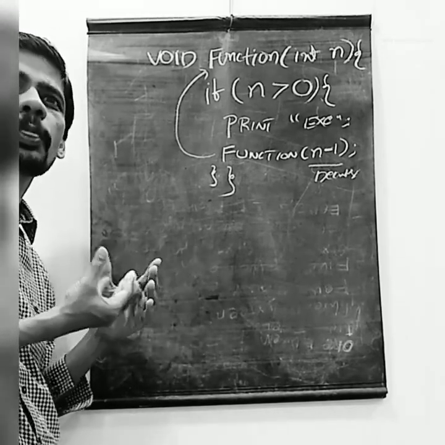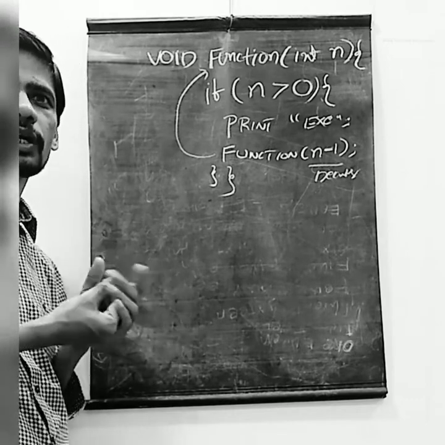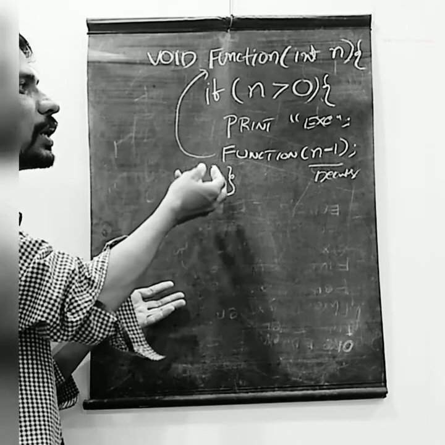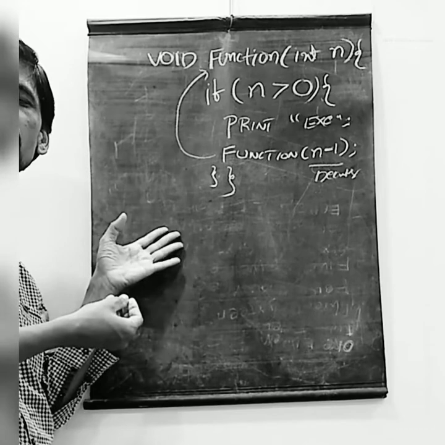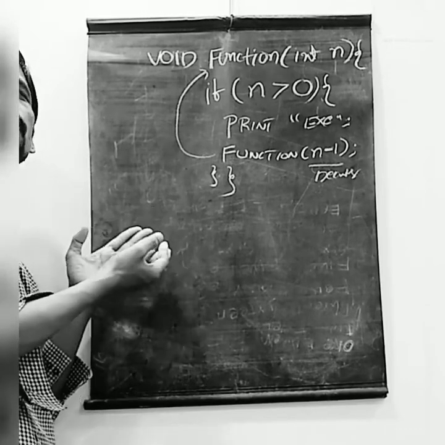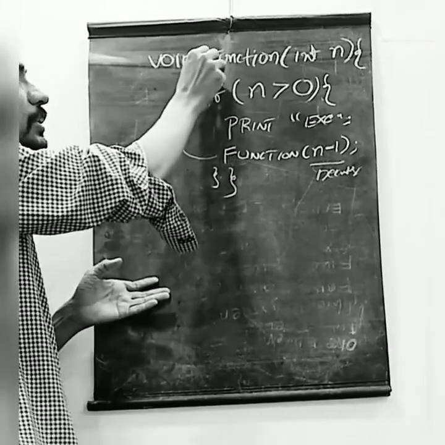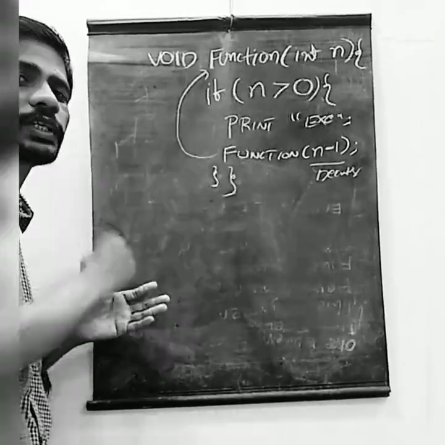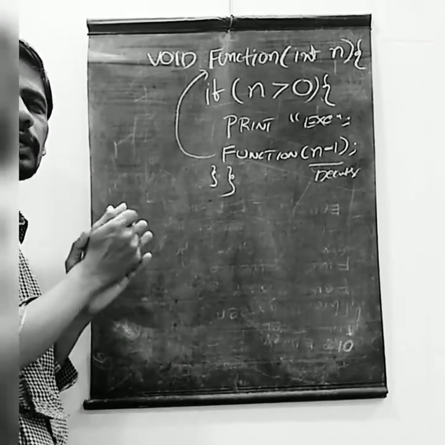Based on our business logic or requirement, we may end up writing like this. We call this a recursive program, because this function calls itself until the condition is no longer satisfied.